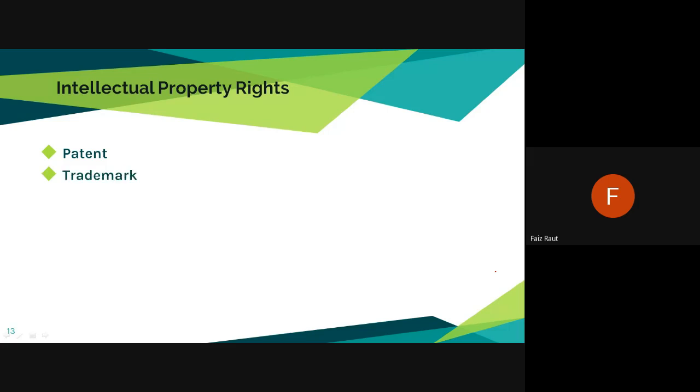What is a trademark? A trademark is a particular mark on the product, a particular signage or symbol, or the way it is written. That is the trademark which other companies cannot copy. For example, Nike's tick mark. The way the tick mark is used by Nike, and how NIKE is written, other companies cannot copy it.